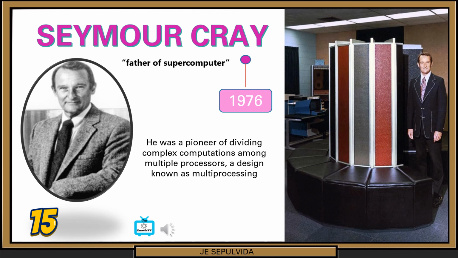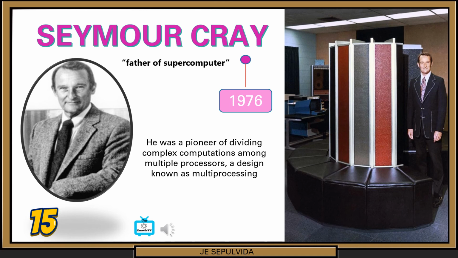His company's first supercomputer, the Cray 1, which came out in 1976, could perform 240 million calculations per second. It was used for large-scale scientific applications, such as simulating complex physical phenomena, and was sold to government and university laboratories. Further supercomputers followed, each with increased computing speed.